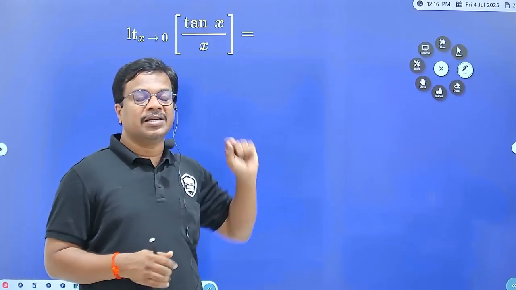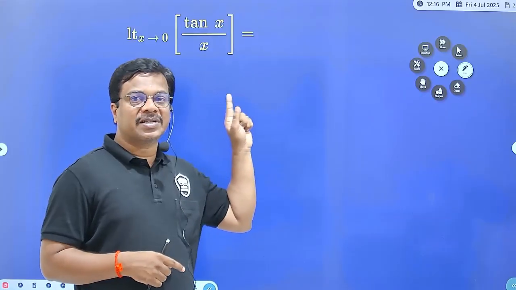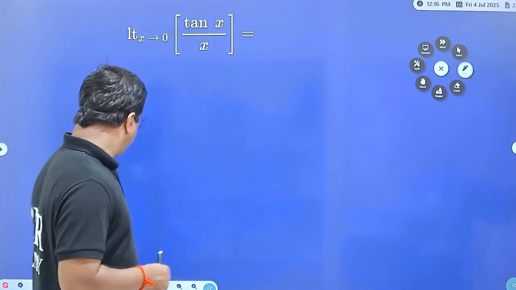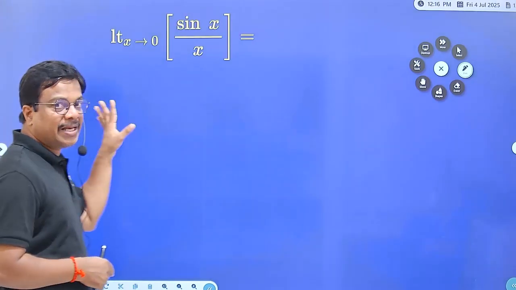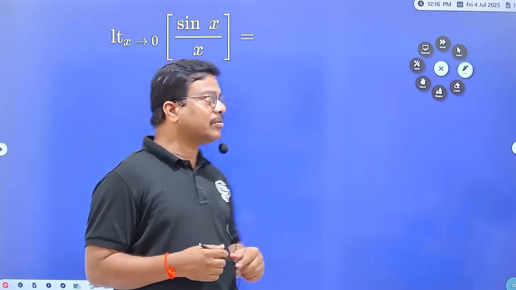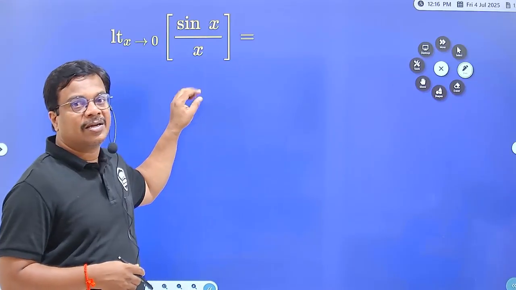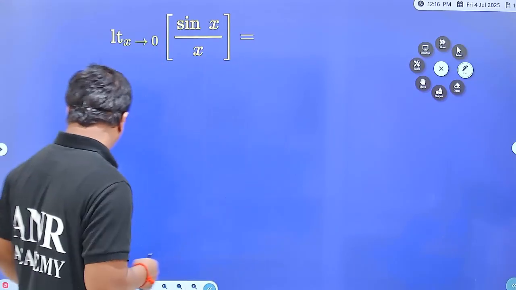That is, it is a composite function. The outer function is the greatest integer function, and internally you have tan x by x and sin x by x, and if you apply x tending to 0, what is the value of the function? Let us discuss today.